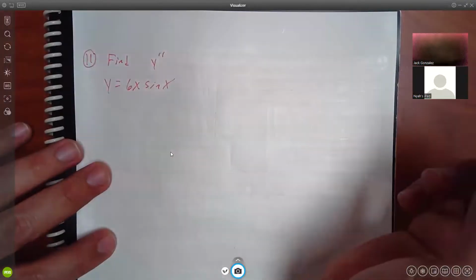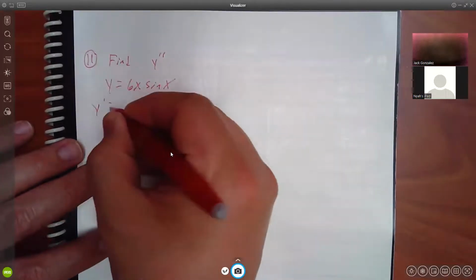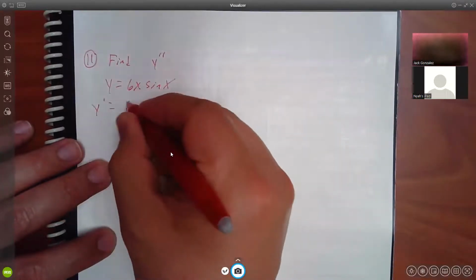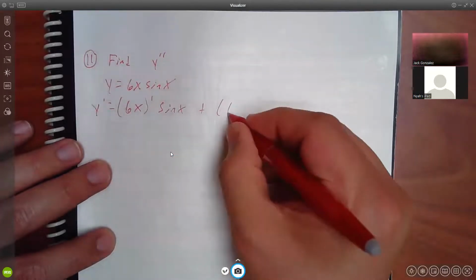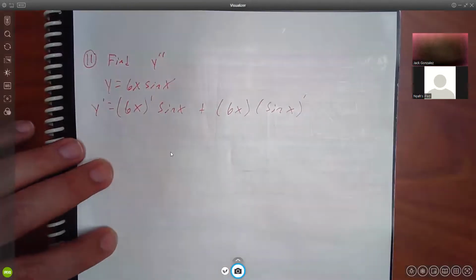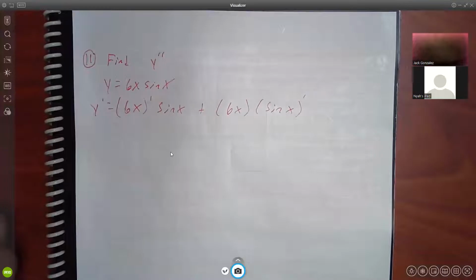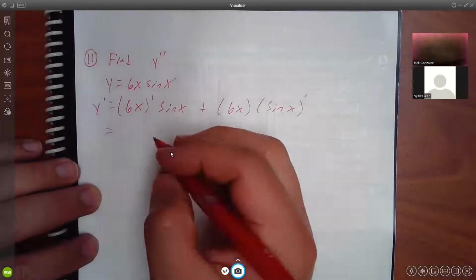You agree that this is a product. Derivative of the first part times the second part plus the first part times the derivative of the second. It doesn't matter which order you do it, as long as you do both of them. Over here in the next step, I'm actually going to take the derivatives.